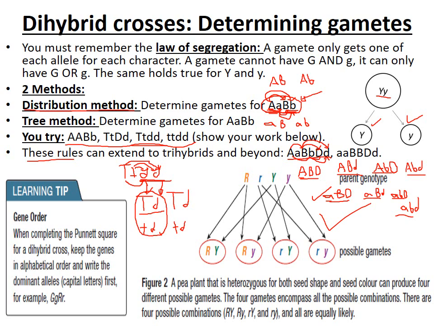Then you can do the same thing though. Big A, if you had this example over here, you could do little a with big B with big D, and you can keep doing that distribution method every single time to get the number of gametes that would be possible in your crosses.